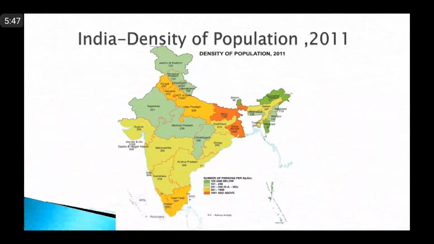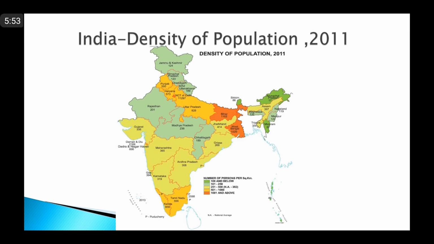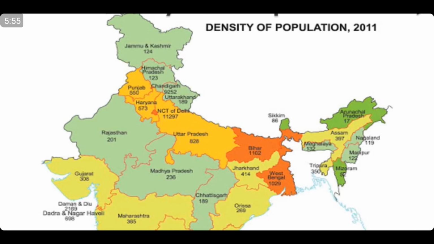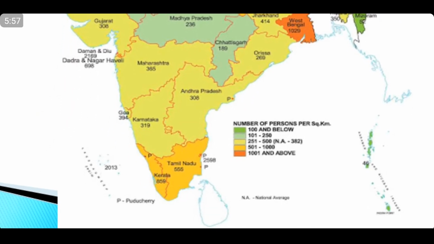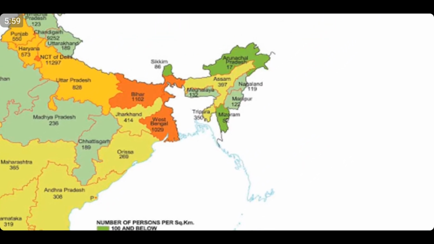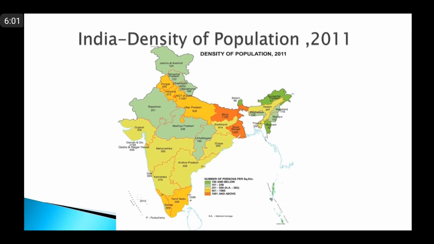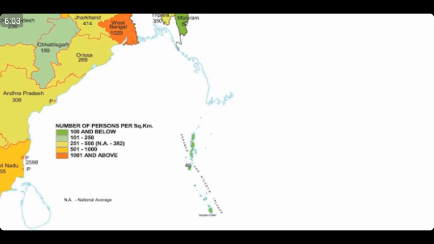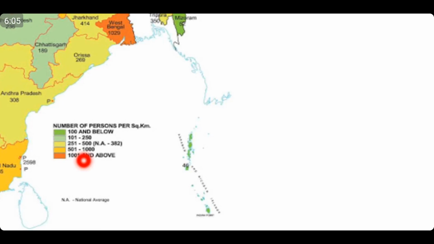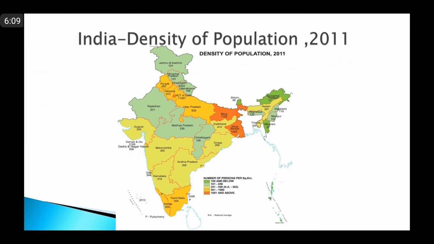Now, this is one of the maps, children, where you can see the density of population according to the census 2011, because we have to stick to the 2011 census. The total population, the density of population, and all these things we will have to take from the census of 2011.